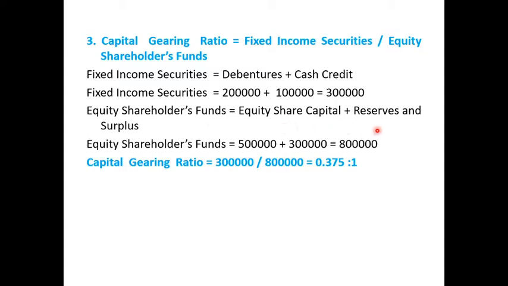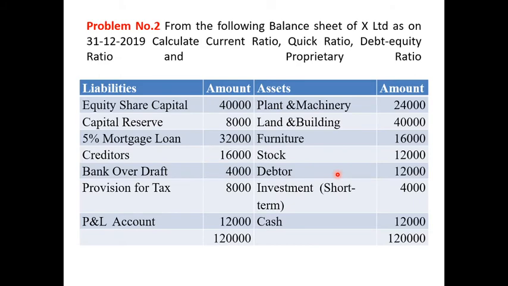There are two items: equity share capital and reserves and surplus. If we add these two, we get rupees 8 lakh equity shareholder fund. Then capital gearing ratio is equal to 3 lakh divided by 8 lakh, which means 0.375:1 will come.